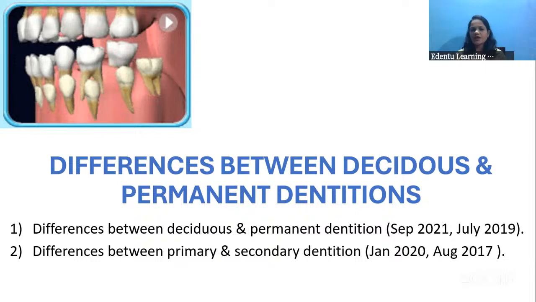Other than the usual morphological aspects of the tooth, this has been asked as an essay and many times as a short note. They can either ask what is the difference between deciduous and permanent dentition, or what is the difference between primary and secondary dentition. So let's discuss that today.